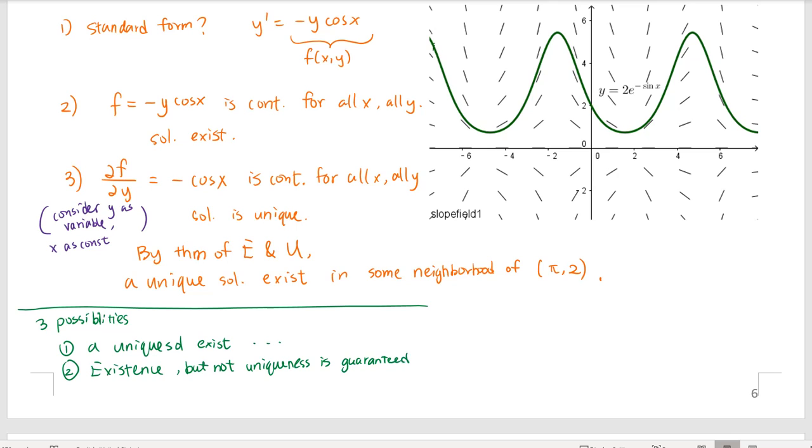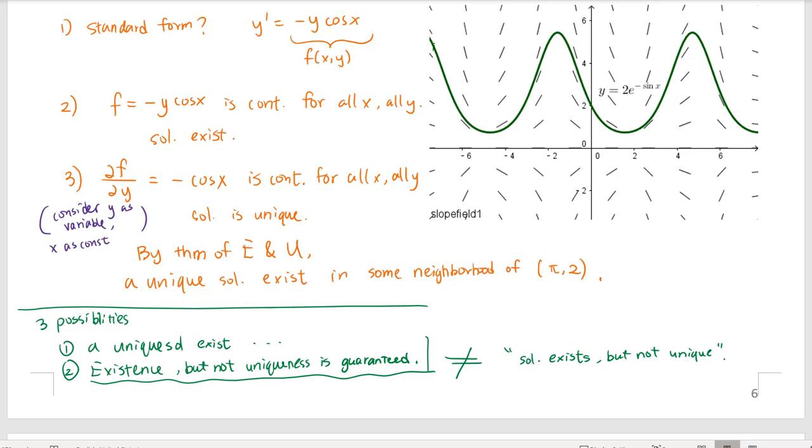Guys, you have to be careful. Look at this sentence, and let me ask you about another sentence: I say the solution exists but is not unique. Are these sentences the same? Existence but not uniqueness is guaranteed, and solution exists but not unique.